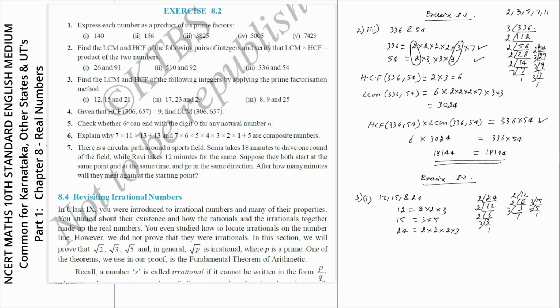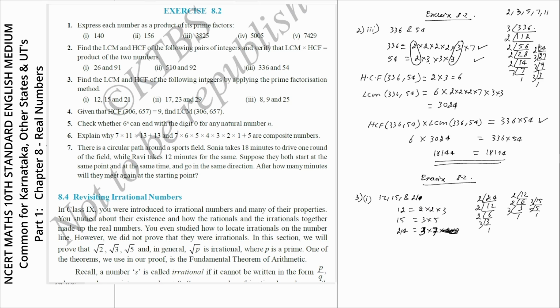Now what is the common factor in all these 3? Oh, the last number is 21, it's not 24. So 21 means 3 7s are 21. So 3 into 7.